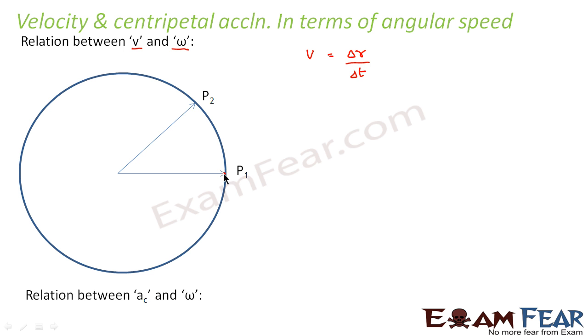Now from this figure, let us suppose that initially an object was at P1, later it is at point P2. While going from P1 to P2, it covers angle delta theta, and the linear displacement which it covers is, say, delta R. So this is delta R basically.